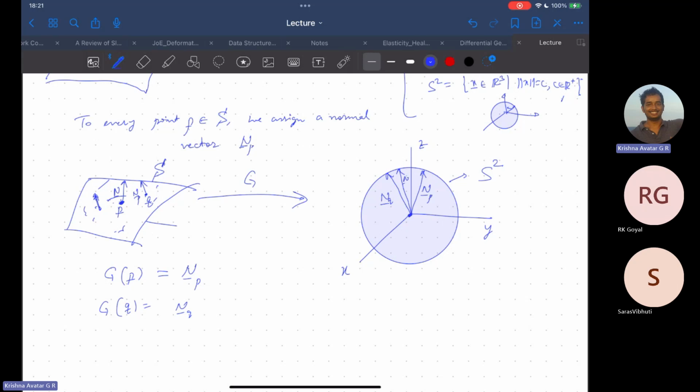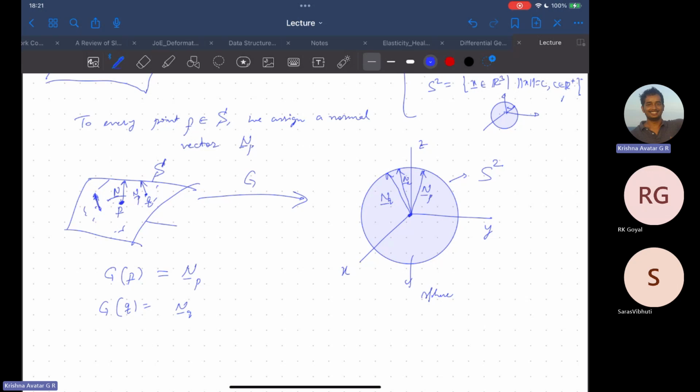This will be some arbitrary vector. So you take any point, find the normal, and this always lies on the surface of this sphere. I hope you understand what I mean.